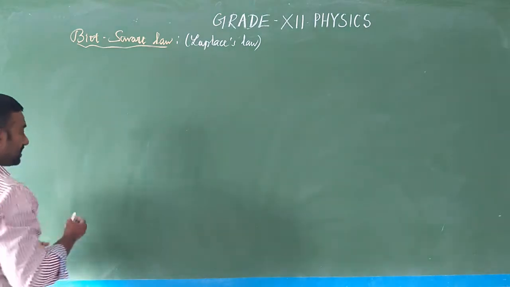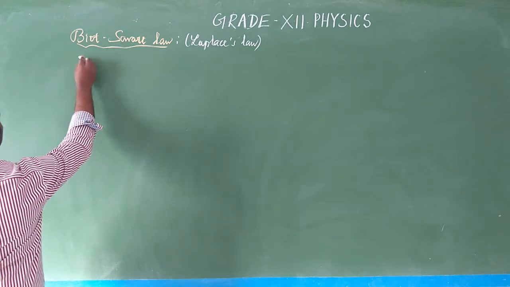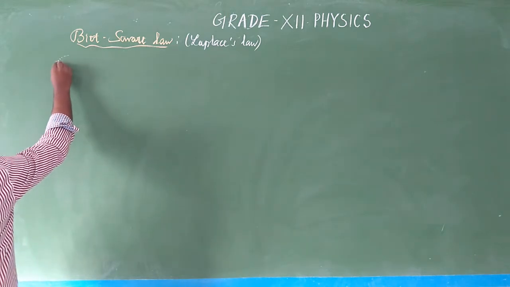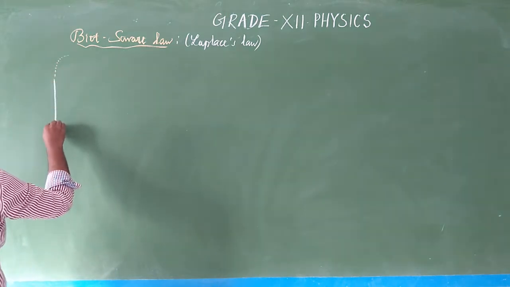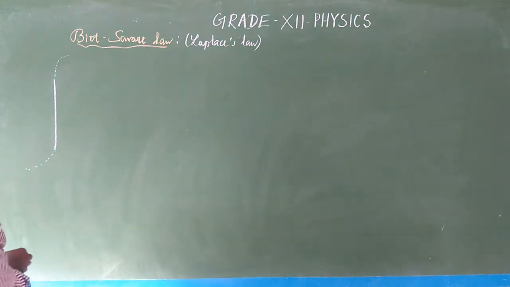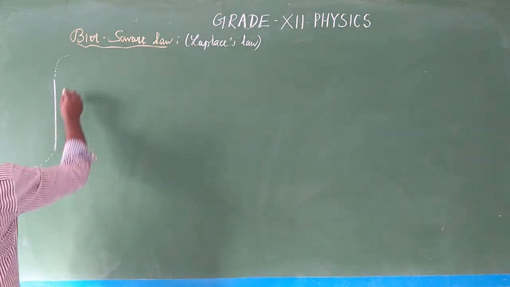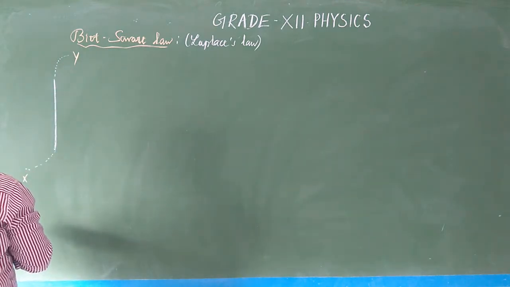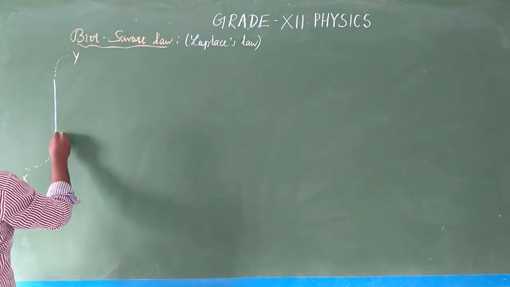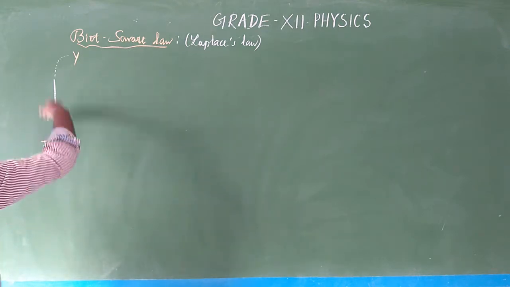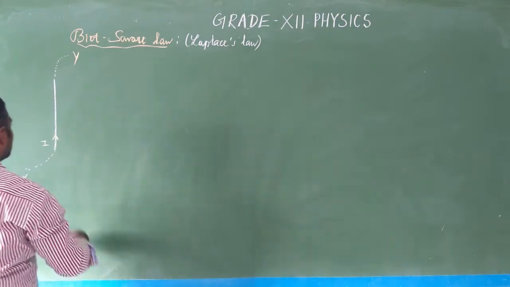Now we take an infinite straight wire, a very long infinite straight wire. Name it as X and Y. This infinite long straight wire carries a current I, where I is the strength of the current which flows through the conductor.